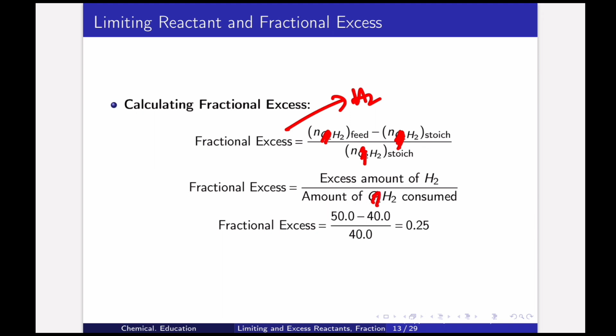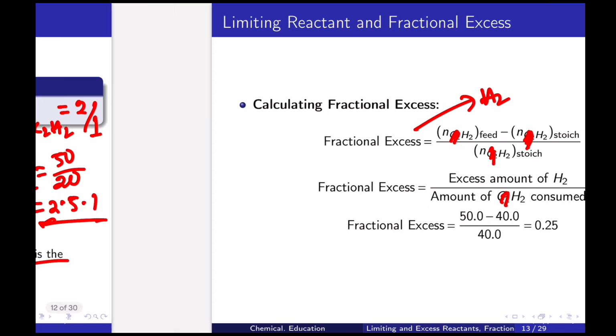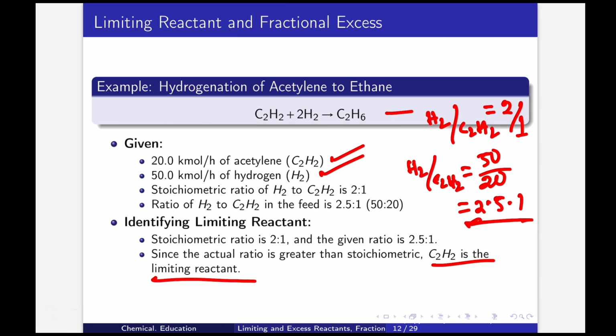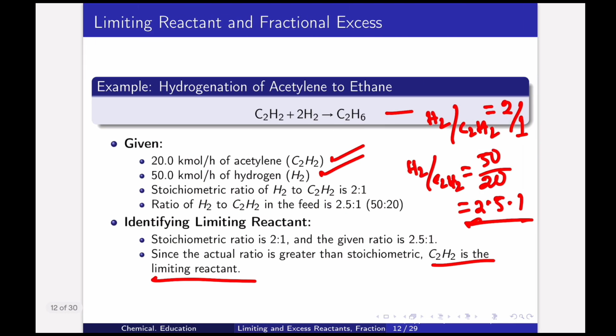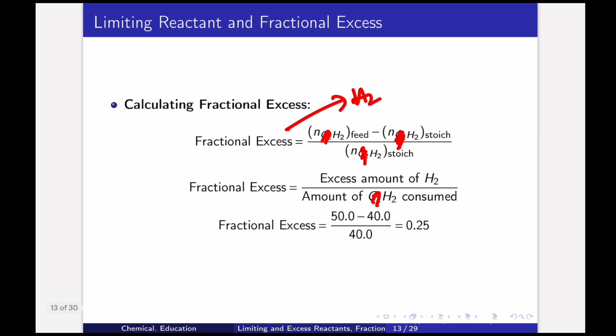How much excess H2 is there? Because 20 kilomole acetylene is the limiting reactant, 20 moles react with 40 moles of hydrogen. The feed is 50, the stoichiometric requirement is 40, and the amount of H2 consumed is 40, so the fractional excess is 0.25.